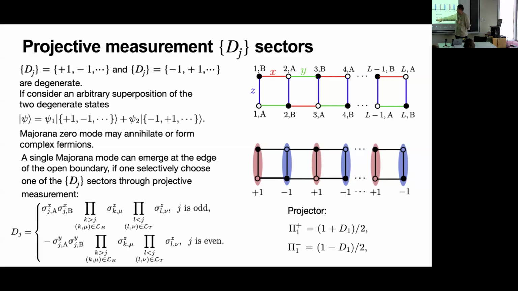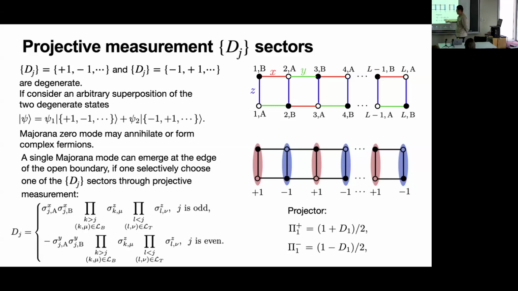And one only needs to consider, for example, the first vertical bound. After applying this operator, one selectively chooses one of the two states, so that one fixes the DJ sectors.